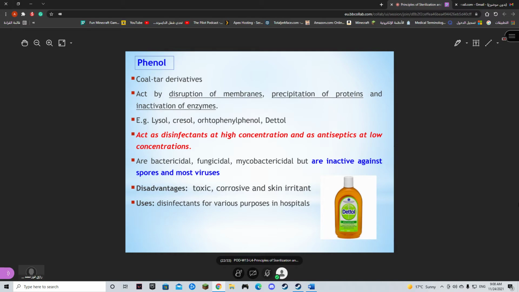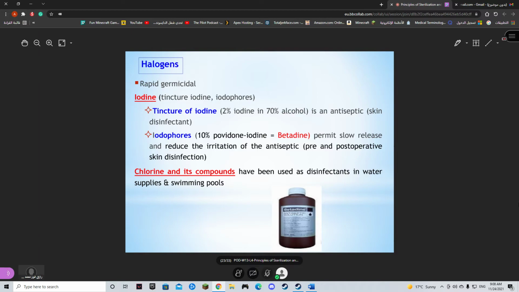Okay, some of them are skin irritants. Yes, Lysol, you are not supposed to apply on your skin. Lysol is only for the floor. And Dettol is only used as a disinfectant, not for sterilization. And Savlon, Dettol, so these are the chemicals. Okay.